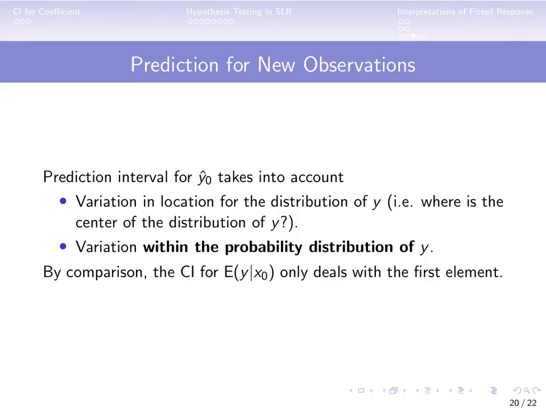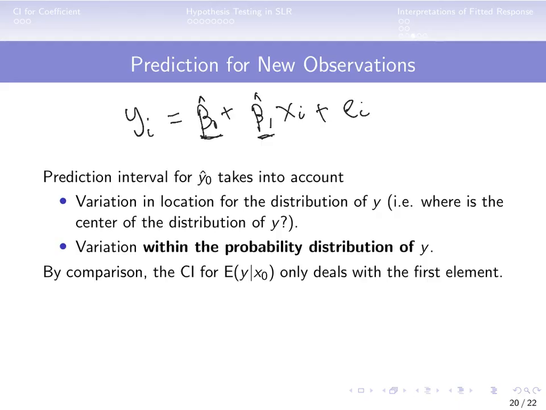But there's an additional source of variation when you're talking about an individual observation, which is the variation within the probability distribution of y. The idea behind this is that we write our equation as y i equal to beta 0 hat plus, this is in the sample, beta 1 hat x i plus your residual. If you're looking at the average response, the sources of variation come from beta 0 hat and beta 1 hat.